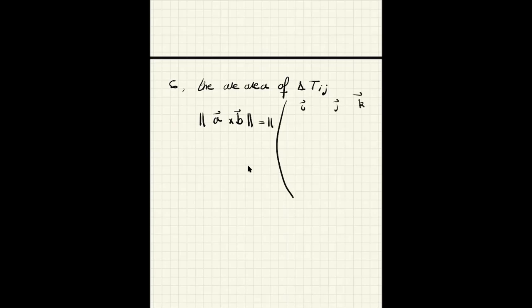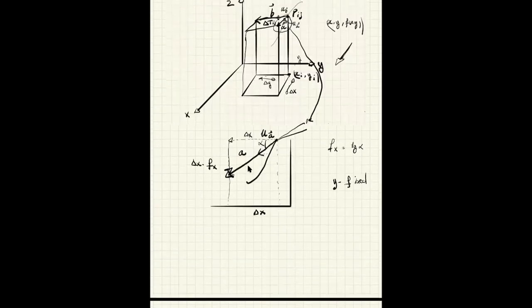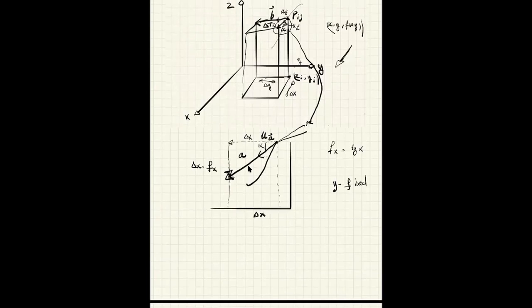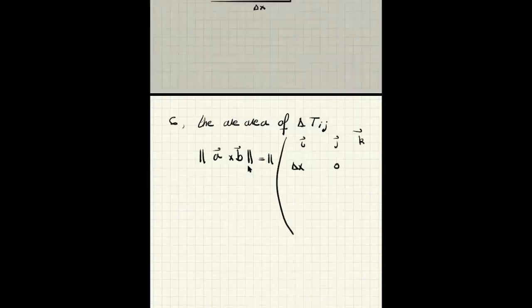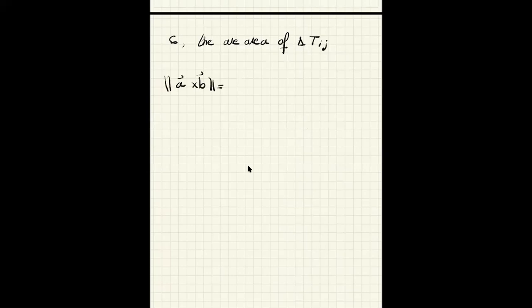Okay. So what is the vector A? Remember, it's delta x, 0, because it has no y component, right? We are on the zx plane, and here it's delta. I think it's better if I just... so here it's A, B, right?